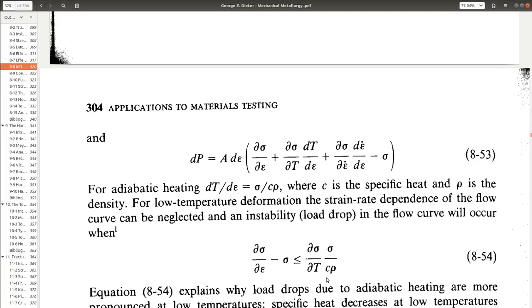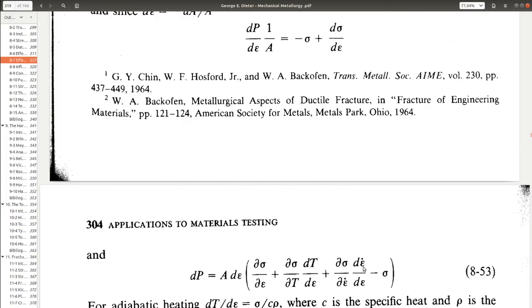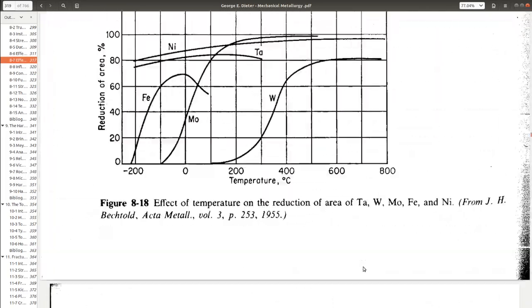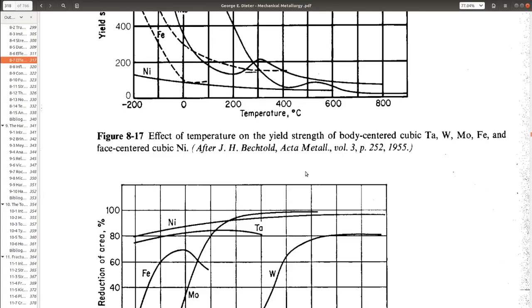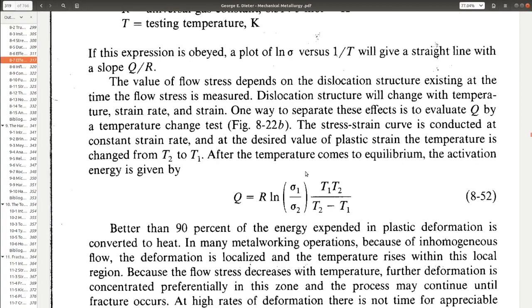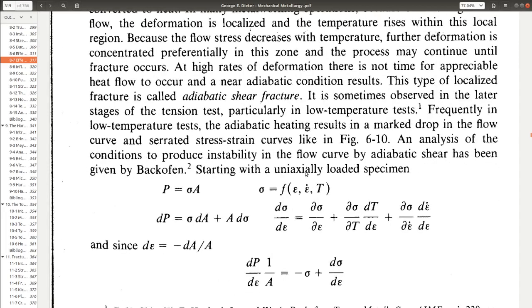Okay, so if I raise the temperature, then from this relation I can say that there will be a drop in the ultimate tensile strength. So that's what we observe in this picture. So the ultimate tensile strength is decreasing when I raise the temperature. Okay, so that's the influence of temperature on the stress strain curve. Thank you.